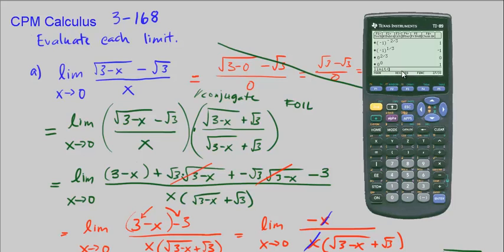The inputs are the expression, comma, the variable, comma, what that variable is approaching. So we want to put in the expression square root of 3 minus x minus square root of 3, divided by x.